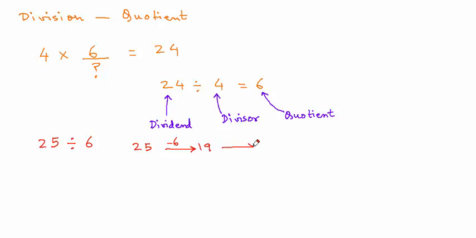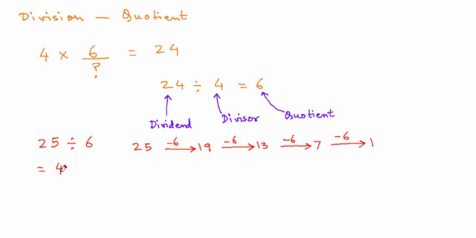You subtract another 6, you get 13. You subtract another 6, you get 7, and another 6 takes that down to 1, and you can't subtract 6 from 1. So you could do that 1, 2, 3, 4 times. So we said 25 divided with 6 is equal to 4.